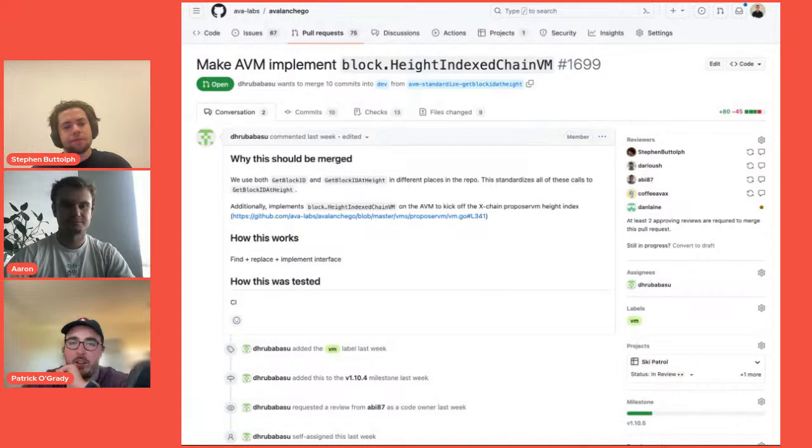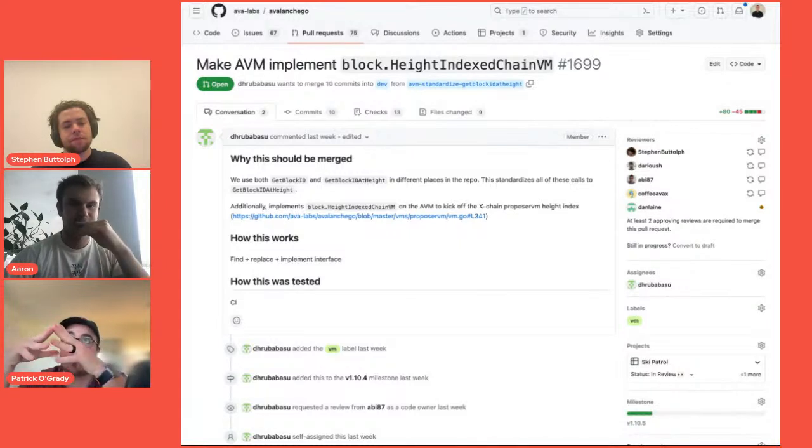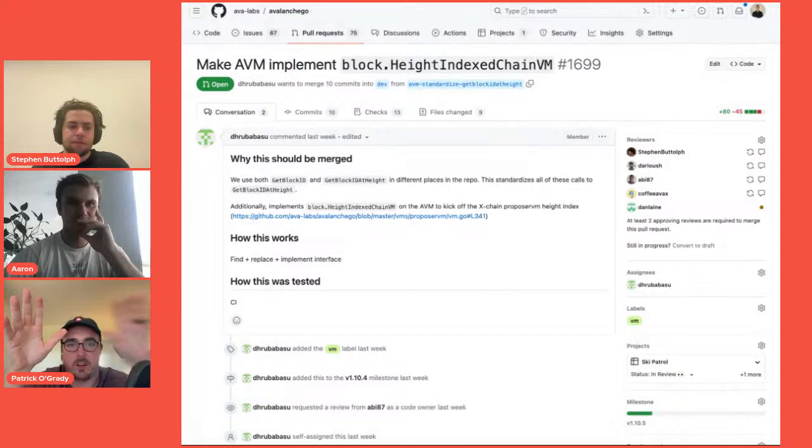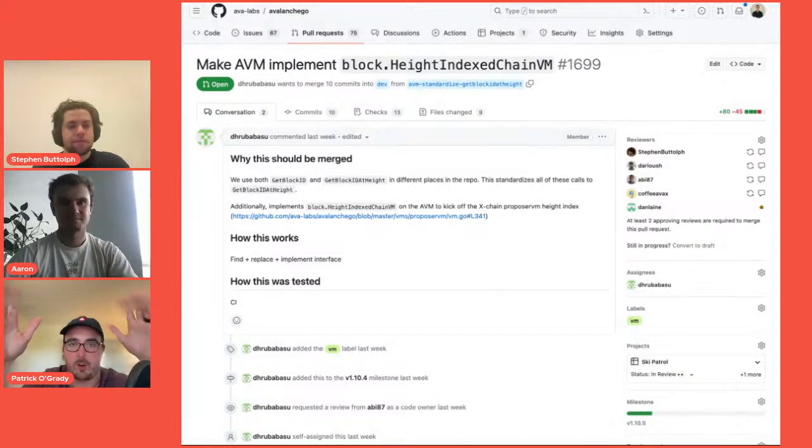I think the thing to keep in mind here is that there are two parallel tracks to how Avalanche is developing. One of them is the maturation and functionality of the primary network, which has the security of the entire network, and has the P-chain, X-chain, and C-chain.